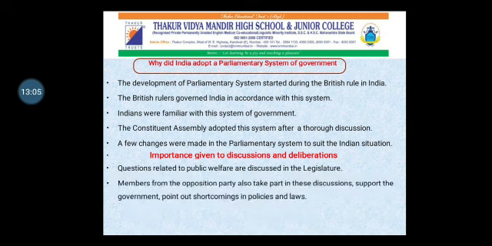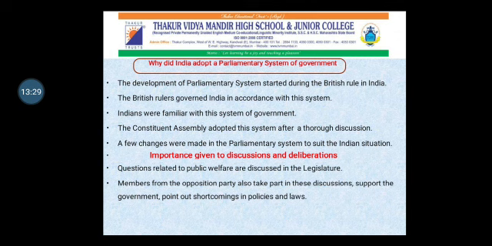Questions related to public welfare are discussed in the legislature. Members from the opposition party also take part in these discussions, support the government, point out shortcomings in policies and laws. You must have seen your parents watching Lok Sabha or Rajya Sabha proceedings when any bill is passed in these houses or any law is implemented or there is any amendment in any article of the constitution.